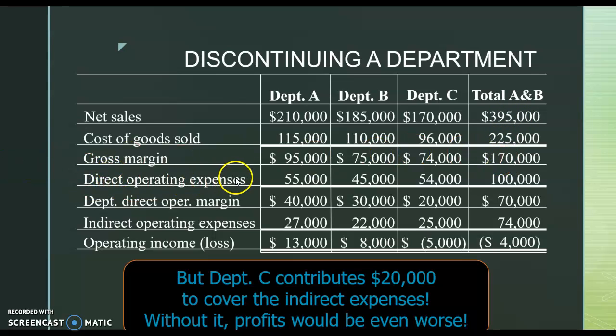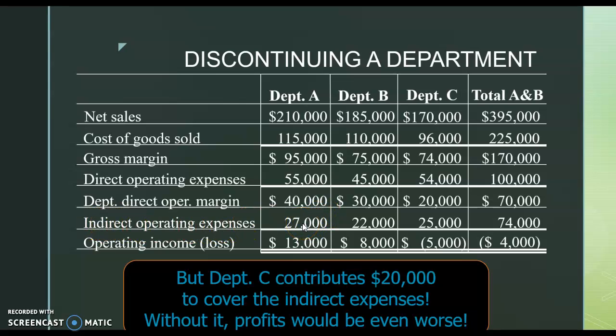The direct operating expenses for A and B is $100,000. And then when I subtract that from the gross profit, I get the direct operating margin, 40 and 30, confirms it, that's 70. Now I get down to the indirect operating.